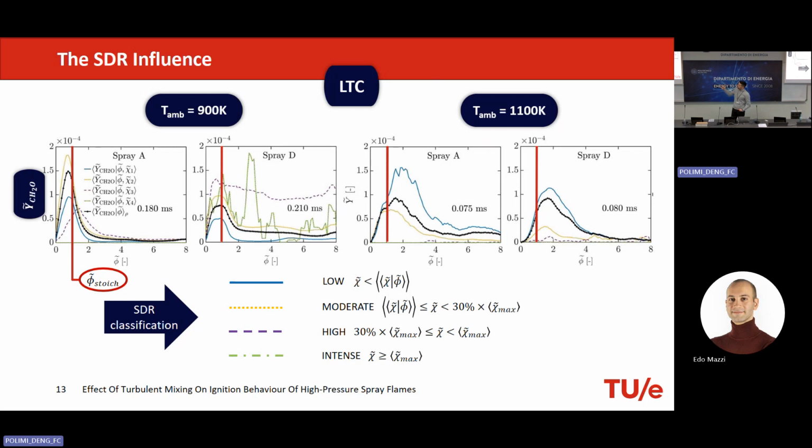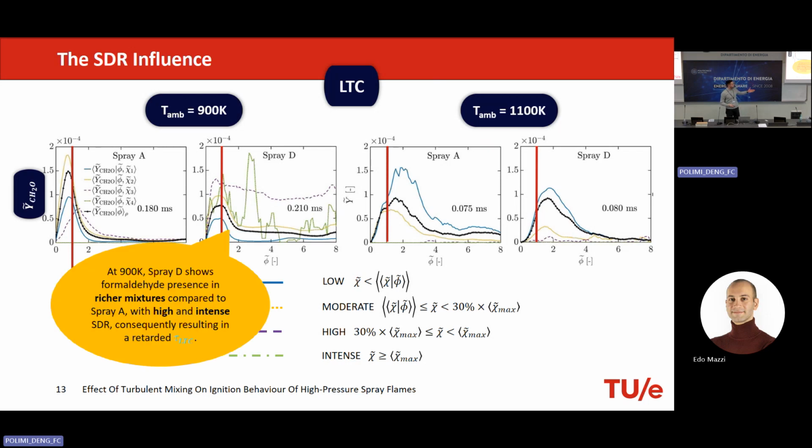And in these plots, there are these scalar dissipation rate influences on the CH2O formaldehyde mass fraction, to see where the peaks of formaldehyde are in terms of equivalence ratio and scalar dissipation rate intensity.